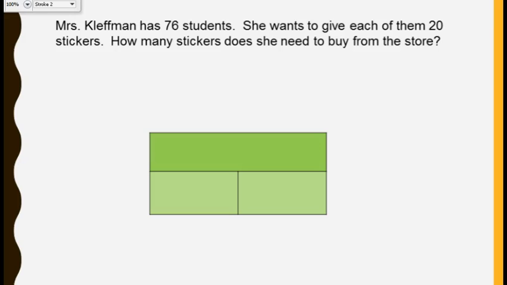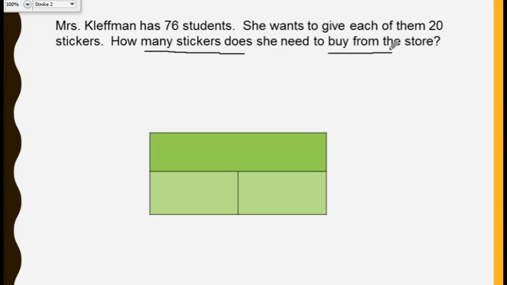It says Mrs. Clefman has 76 students. She wants to give each of them 20 stickers. How many stickers does she need to buy from the store? Okay, so let's see. We need to know how many stickers she needs to buy. So kind of like the total number, right?